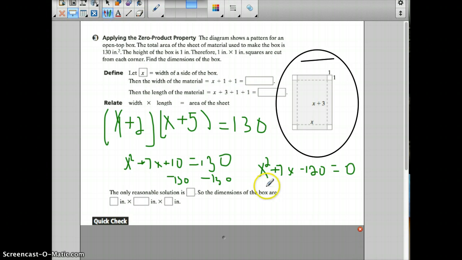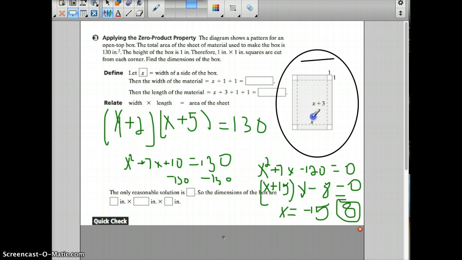So we can take (x + 15) times (x - 8). If we set each of those equal to 0, we get x equals negative 15 and x equals 8. Can we have a negative 15? No, we can't. So 8 is going to be our answer for x.